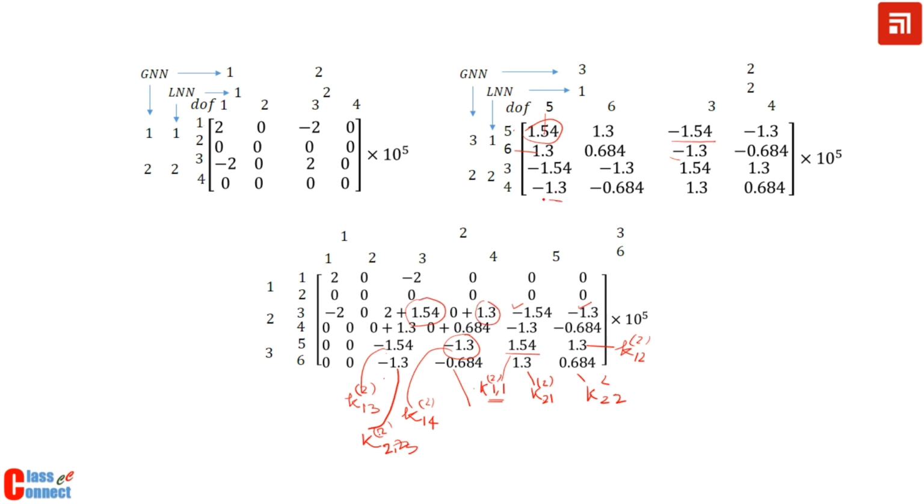Now we can come to this. This is appearing here, and here it will go to 4 5, so fourth row and fifth column, and then 4 6, fourth row and sixth column. Now this 1.3 will go to 4 3, fourth row and third column. It is 1.3 and 0.684. This is how the assembled stiffness matrix is obtained in this case.